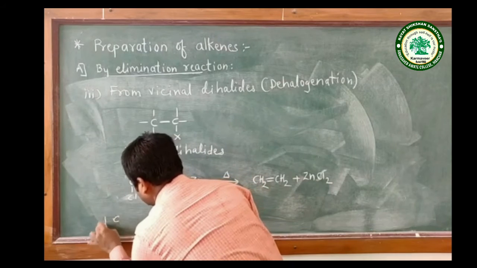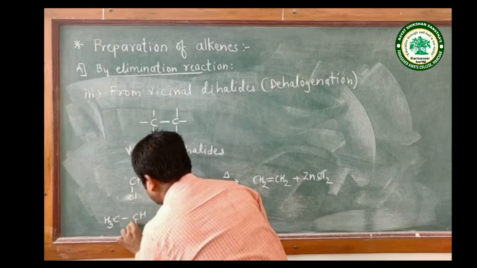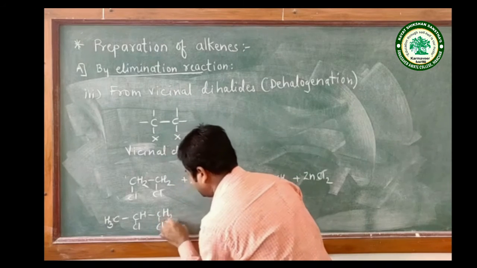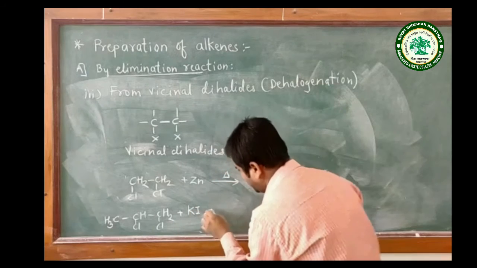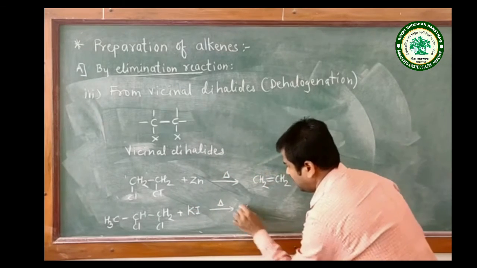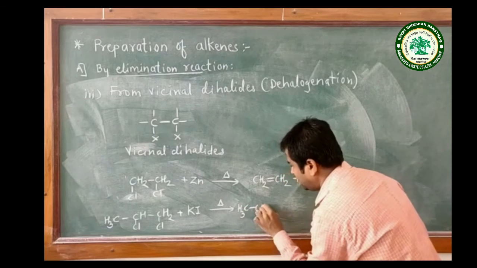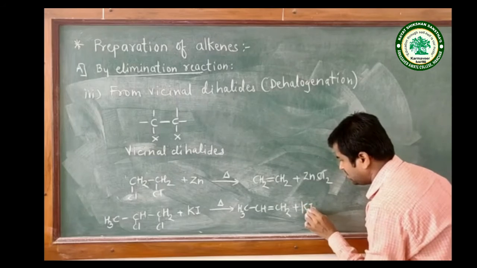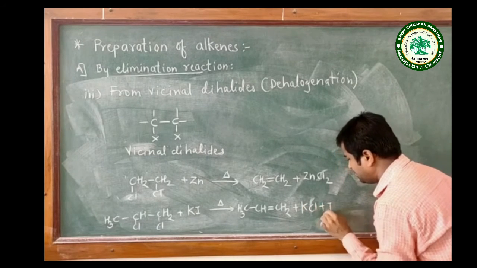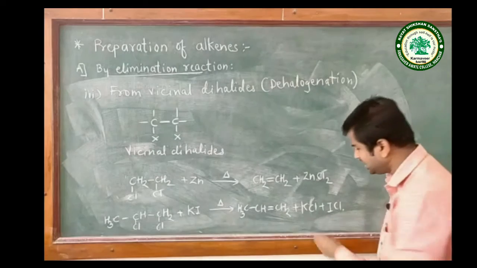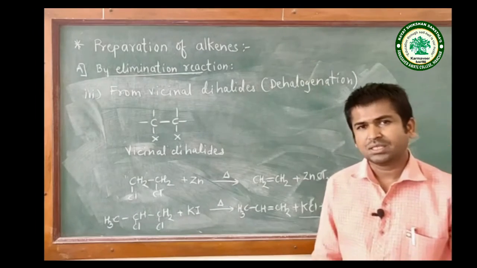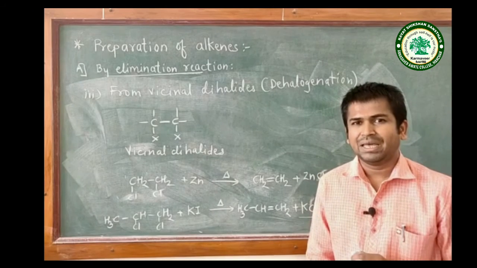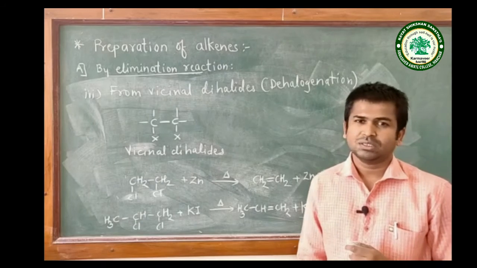Another example we can see, 1,2-dichloropropane on reaction with potassium iodide forms propene, potassium chloride and iodine chloride. These are the byproducts. Getting this? So, by elimination reaction of vicinal dihalides, we obtain alkenes.